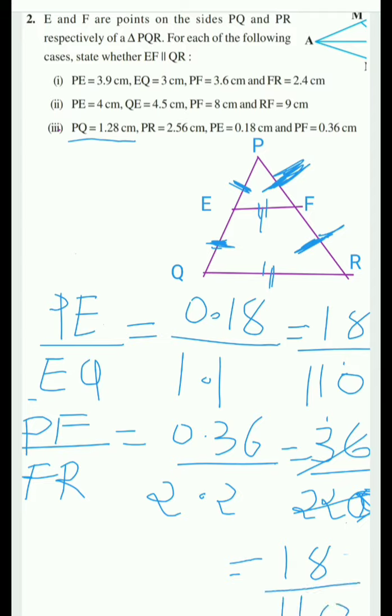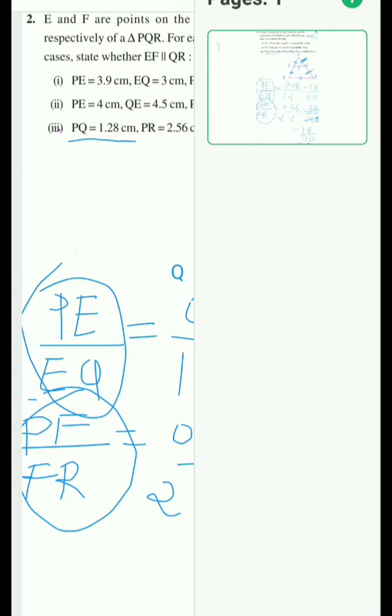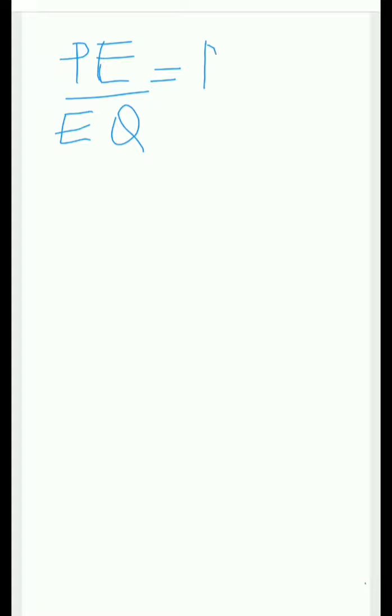So here you can see this PE upon EQ is equal to PF upon FR. So in the next page we will write that PE upon EQ is equal to PF upon FR.